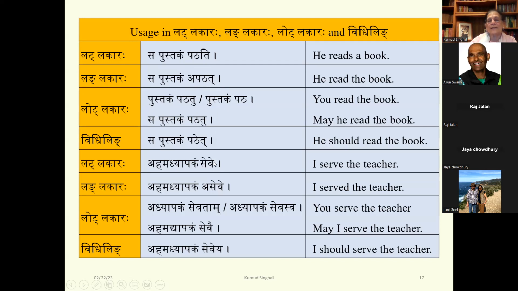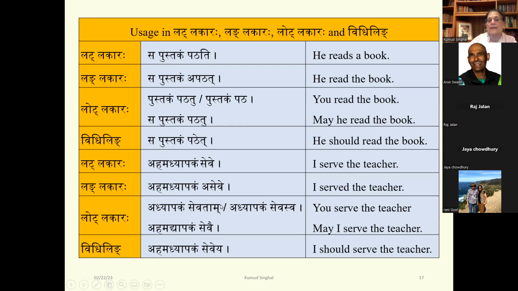Now if you take the atmane pada dhatu, seva, which means to serve. Aham adhyapakam seve, lat lakara: I serve the teacher. Aham adhyapakam aseve: I served the teacher.